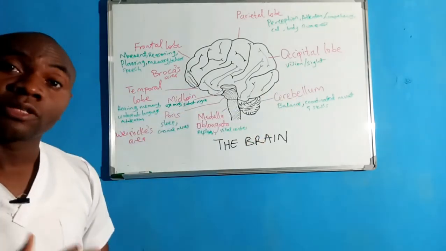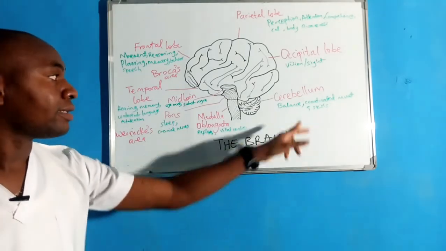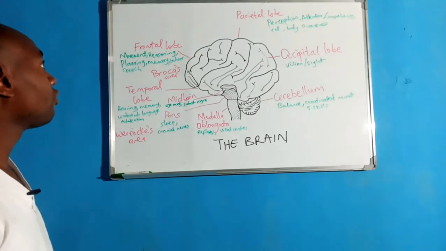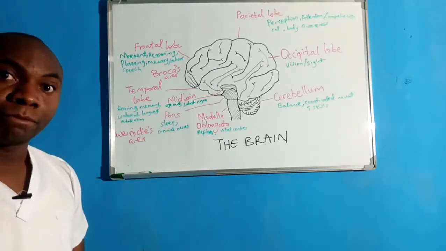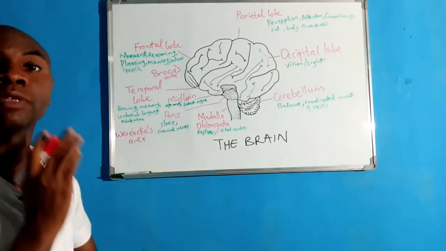The cerebellum is responsible for that. So any little damage to the cerebellum can hinder these functions. So overall, these are the structures that make up the brain. There are still other structures, but basically these are the structures that make up the brain.